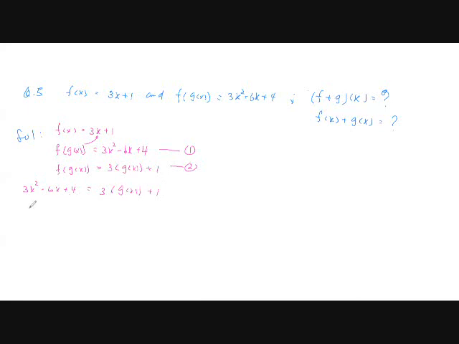Simplify: 3x squared minus 6x, moving the 1 over becomes plus 3, and we leave g of x here. Then divide every term by 3, leaving x squared minus 2x plus 1 equal to g of x.